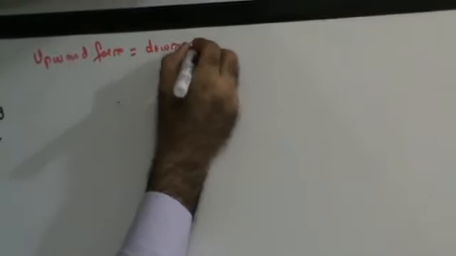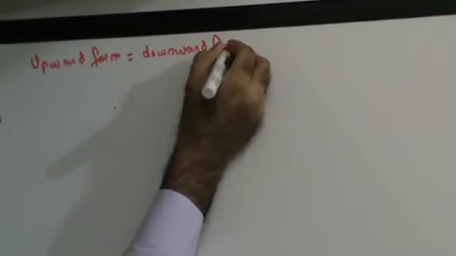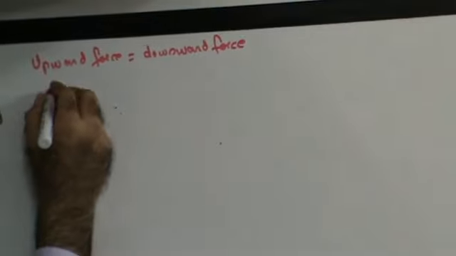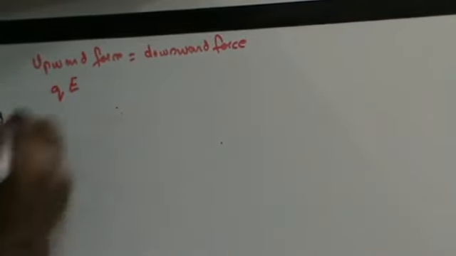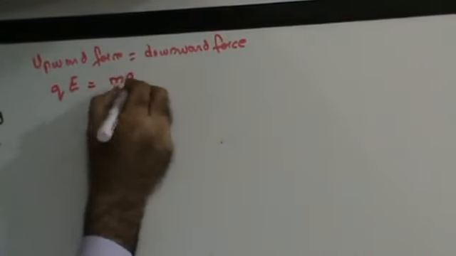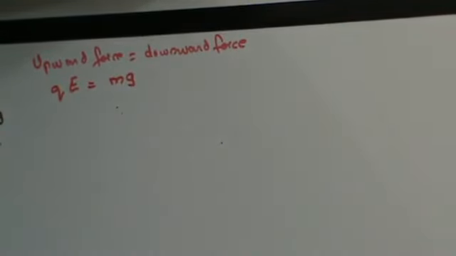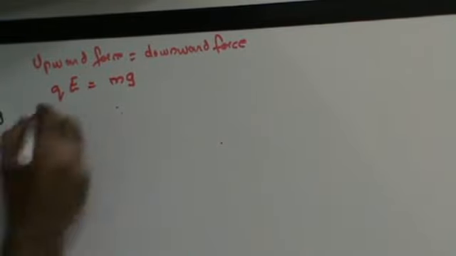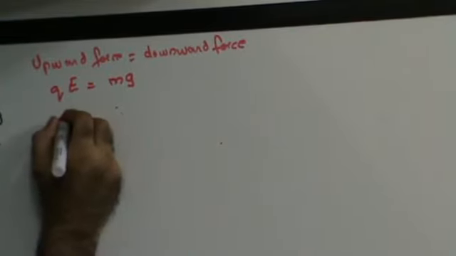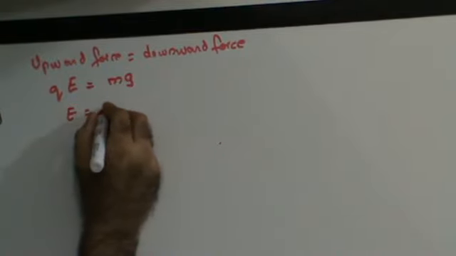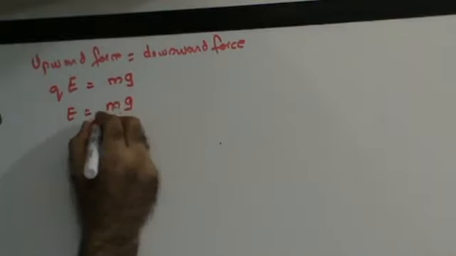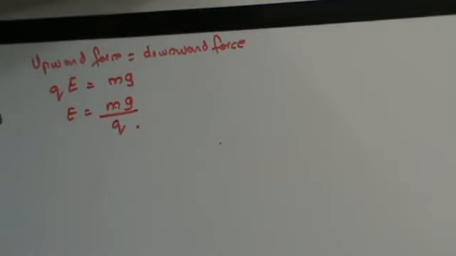Upward force is provided by the charge and the strength of the electric field. Downward force is provided by mg. So E is equal to mg upon q.